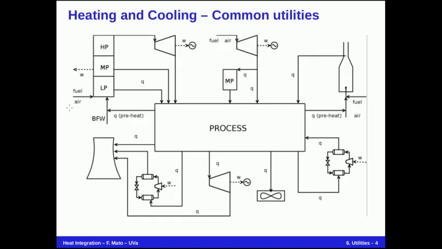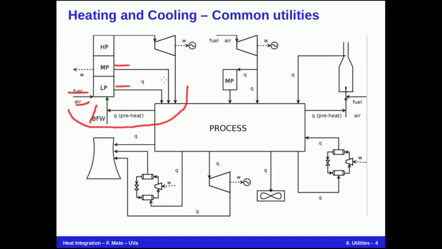In the next slide you can see a complete steam system. Here, cold boiler feed water takes heat from the process, that is cooling, to enter a boiler, a steam generator. This boiler produces steam at different levels, low pressure, medium pressure, using fuel and air as feed.